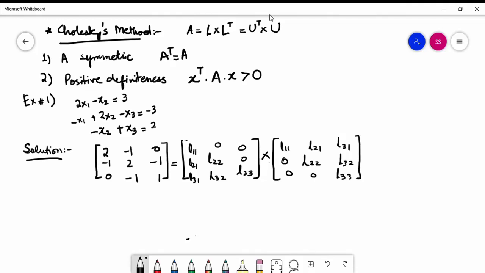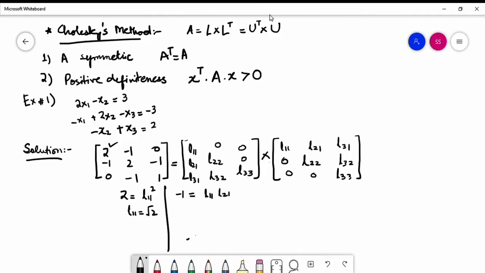So start comparing. 2 means A11, first row, first column: L11 square plus 0. So that makes L11 the square root of 2. Next is L21 and minus 1, so A21: L11 into L21 plus 0.